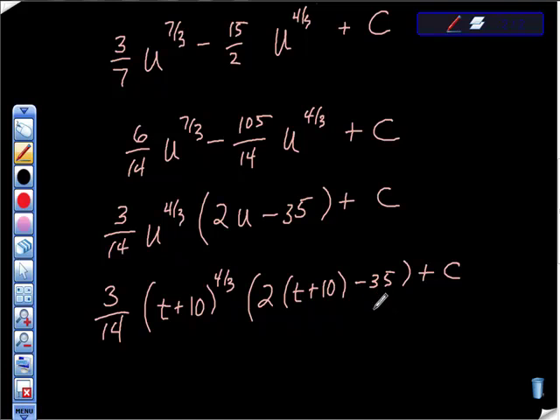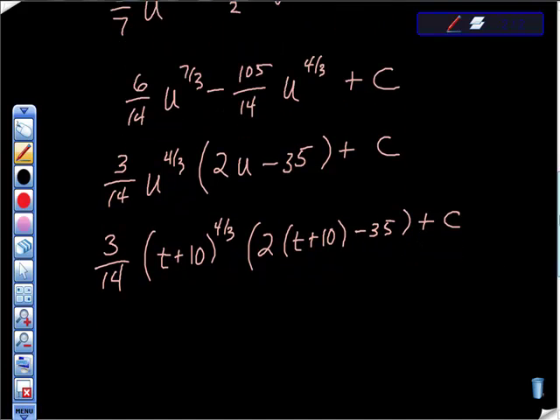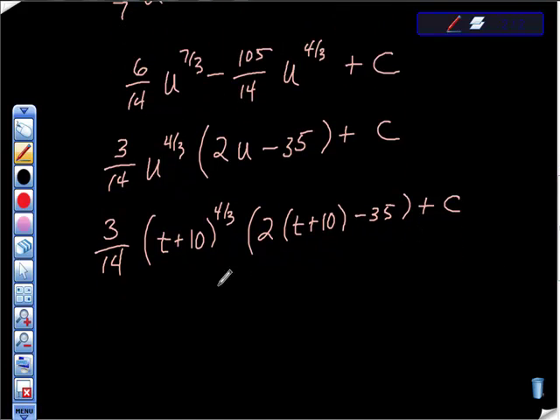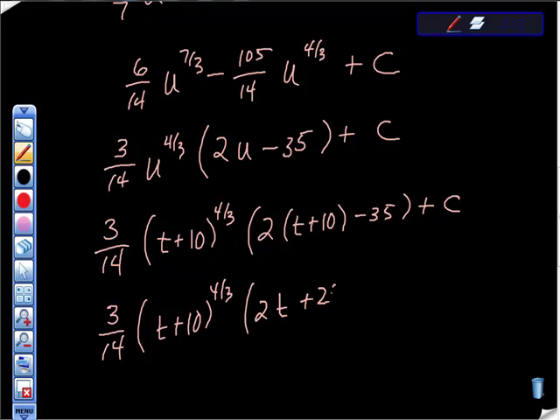This thing is a pain in the neck. From here, this simplifies out. 3 over 14 times t plus 10 to the 4/3. Remember, we can't distribute that because we have an exponent here. And this is 2t plus 20 minus 35 plus c.